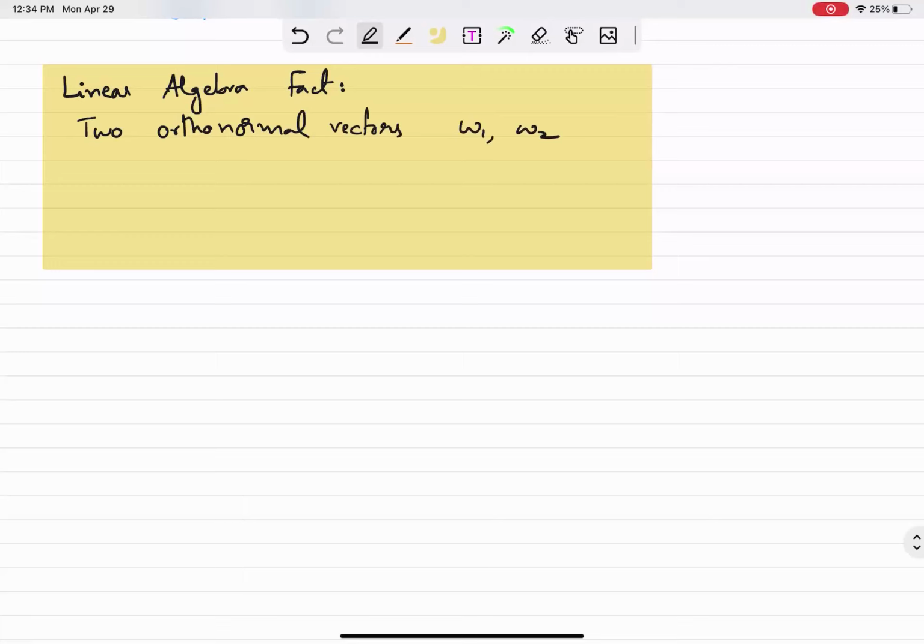Okay, so I have two vectors which are perpendicular and of unit length. Okay, these are two perpendicular vectors.